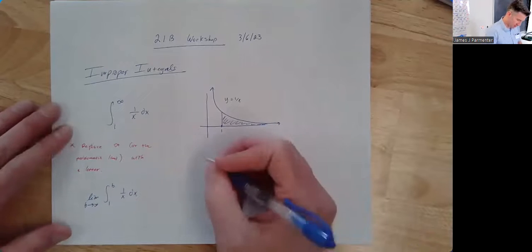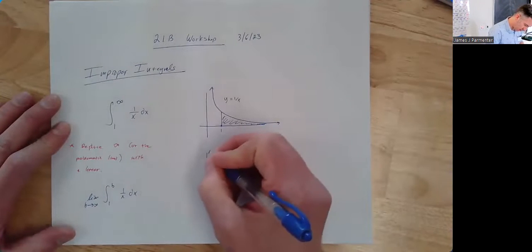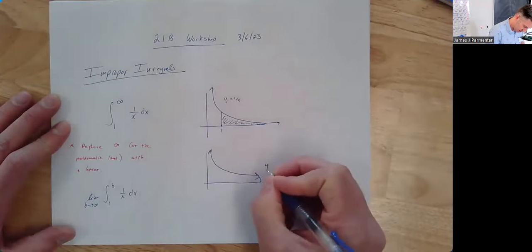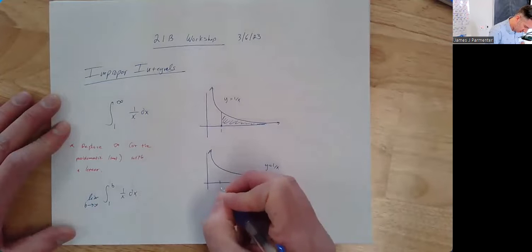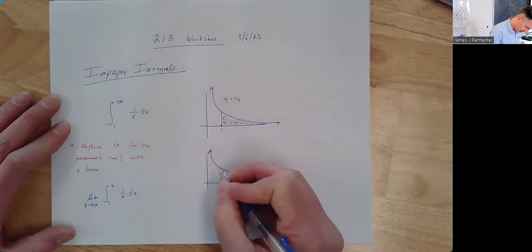So just so you can see what we're doing, we're actually taking the integral of this function from, say, 1 to b, and we're going to calculate that area.